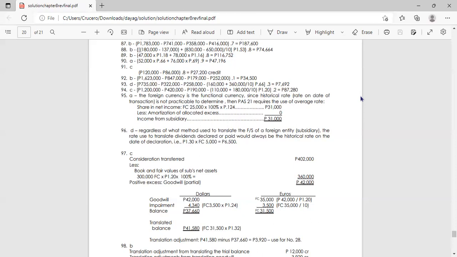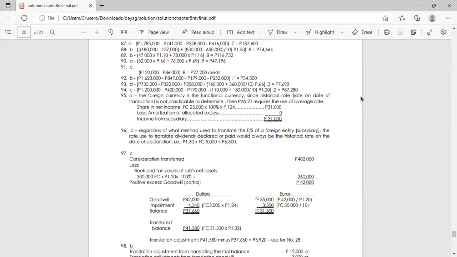We multiply 47,000 times 1.18 plus 78,000 times 1.16 and multiplied by 0.8 because the ownership is only 80%. So we get 116,752. And in number 90, we are asked for number 90.